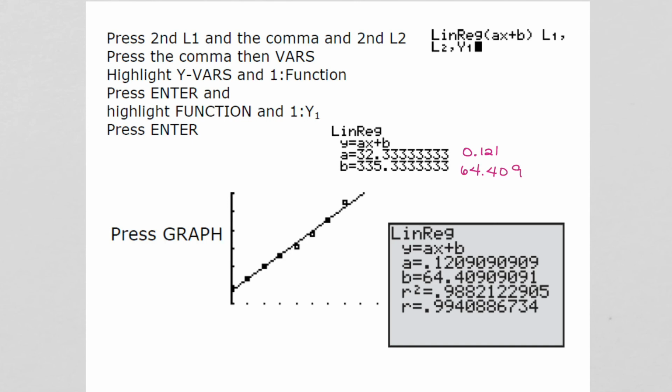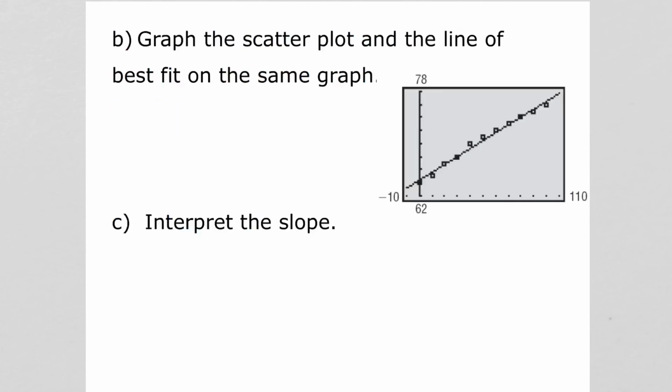So that means the equation of our line for our example is y = 0.121x + 64.409. And if you press graph, you'll be able to see the line that goes through your points.